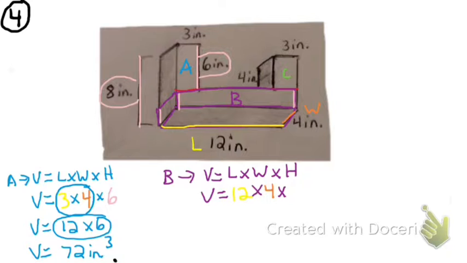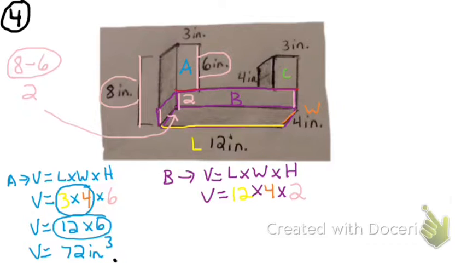So if I take my entire height of A and B, subtract A, take it away, what's left should be the height of B. So I'm going to say 8, take away the 6, and 8 minus 6 equals 2. Therefore, the height of figure B must be 2 inches. And that makes sense because A plus B, 6 plus 2 equals 8, and that's the height of the entire thing. So I'm going to put a 2 underneath my H for height.